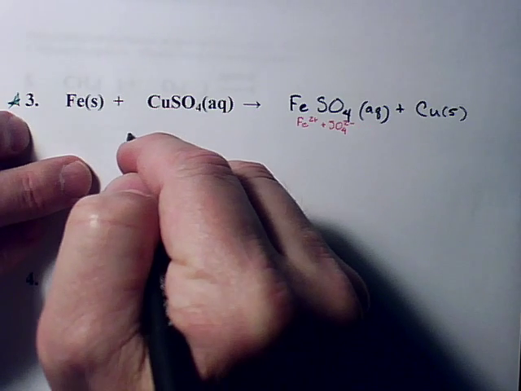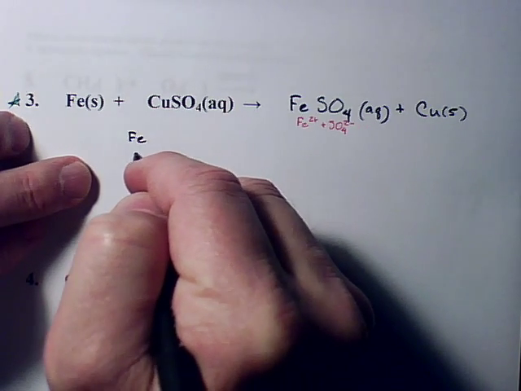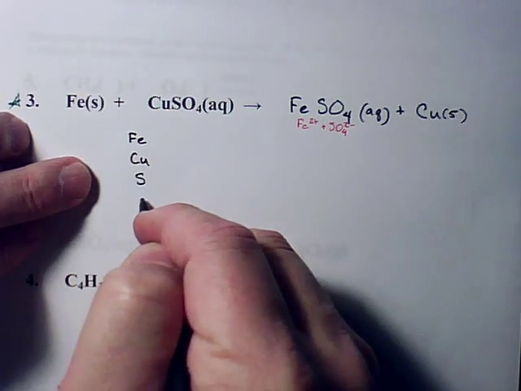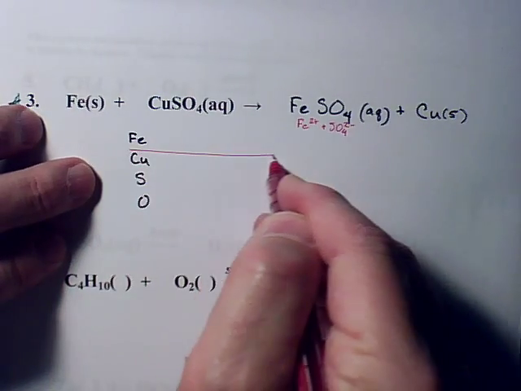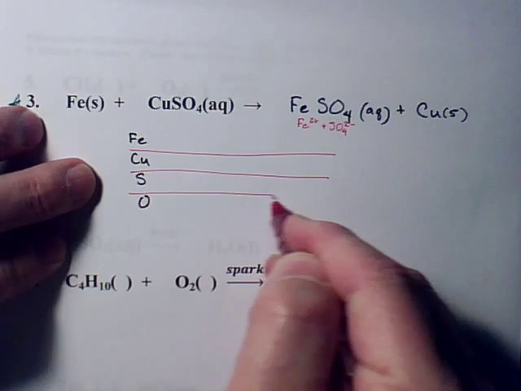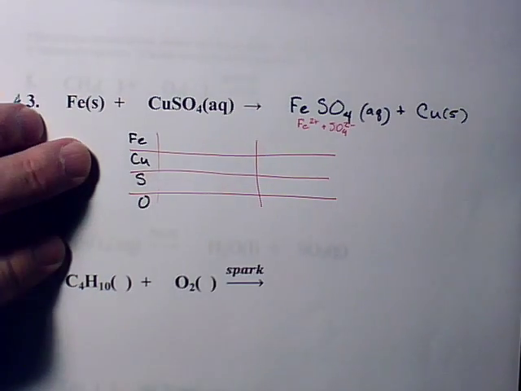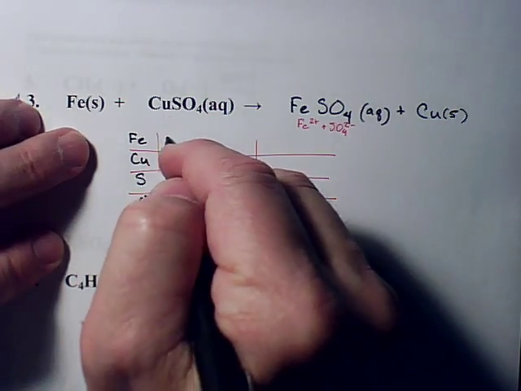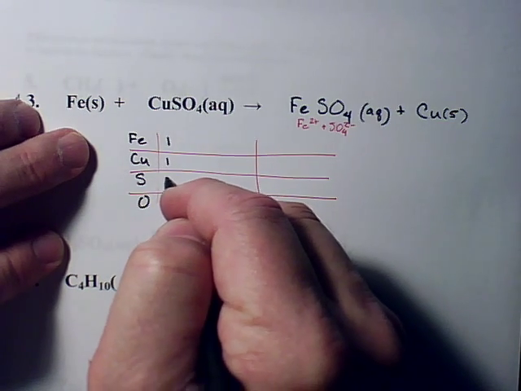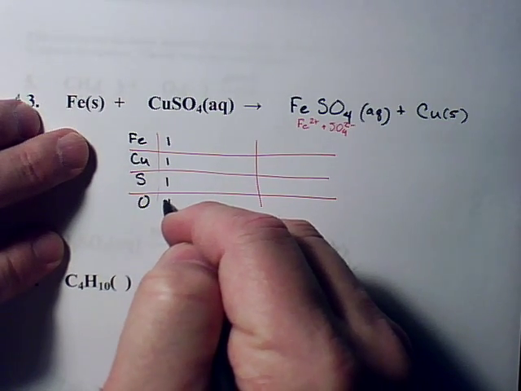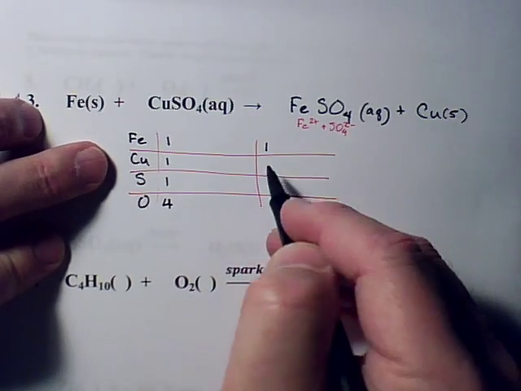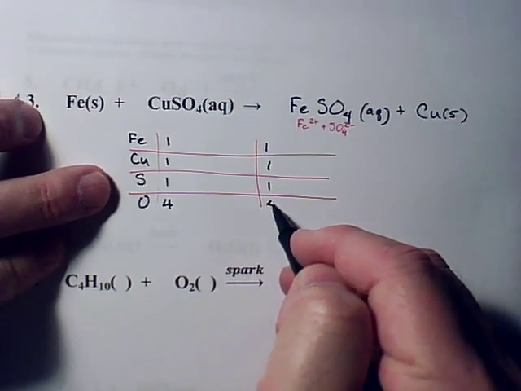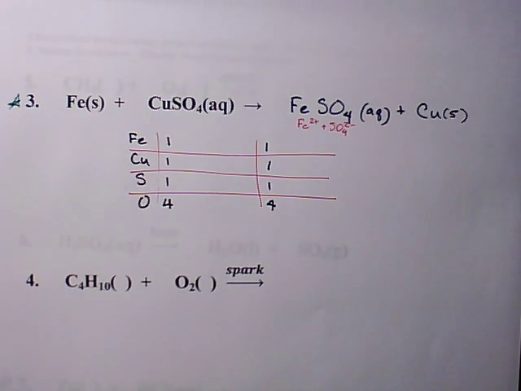So we're going to list all of our elements: Fe, Cu, S, and oxygen, O. Make this grid we usually make. Count our elements, and we've got 1 iron, 1 copper, 1 sulfur, 4 oxygens. Over here we've got 1 iron, 1 copper, 1 sulfur, and 4 oxygens, and it's already balanced.